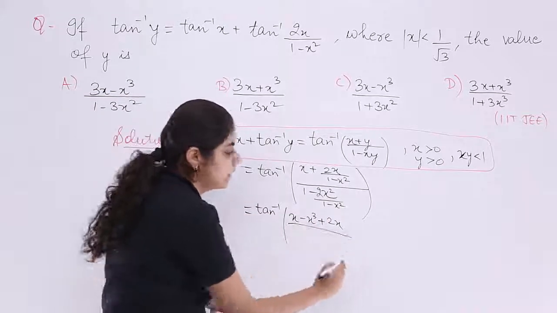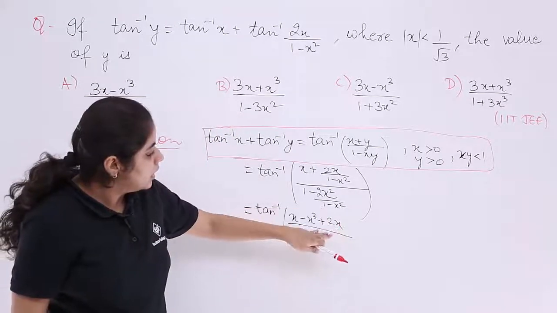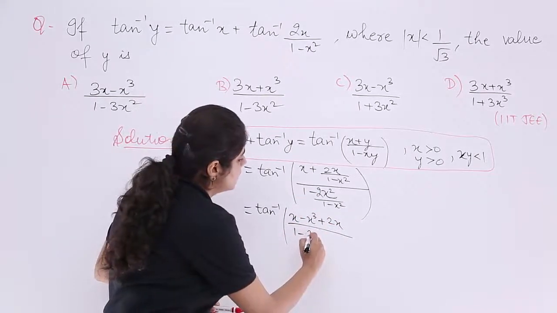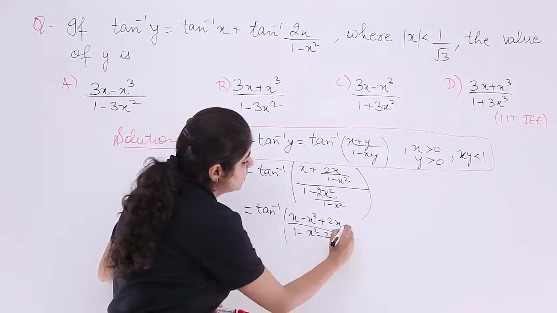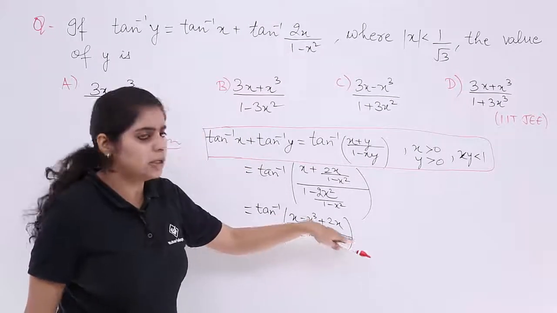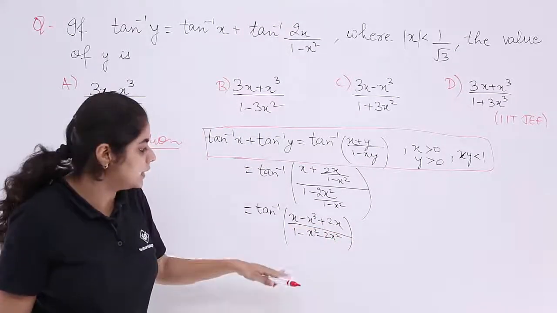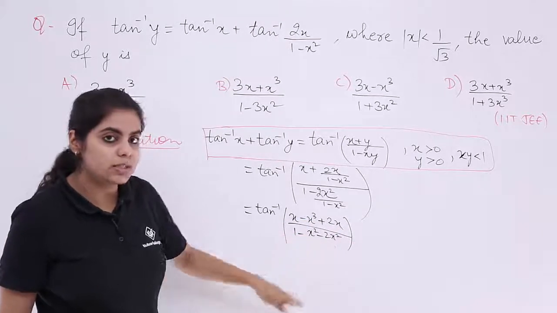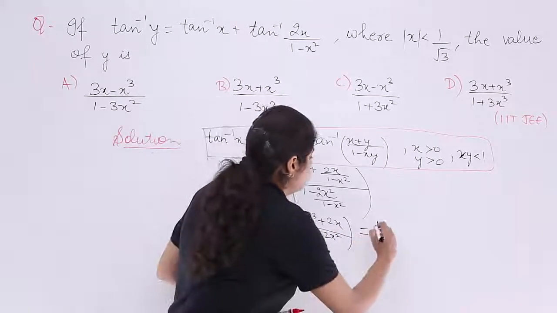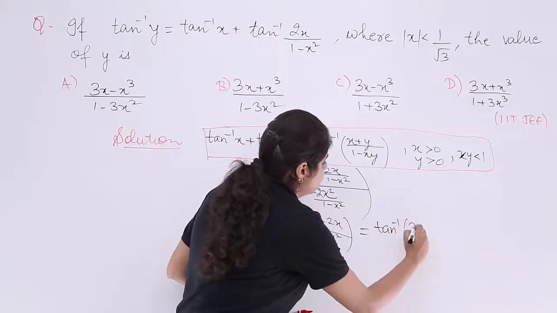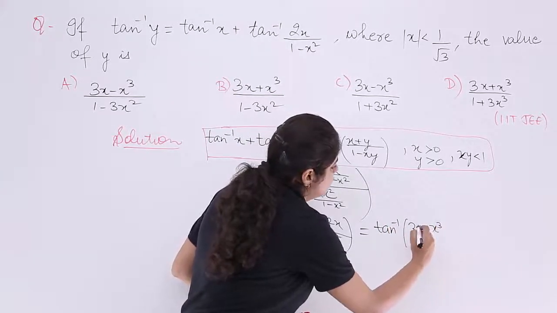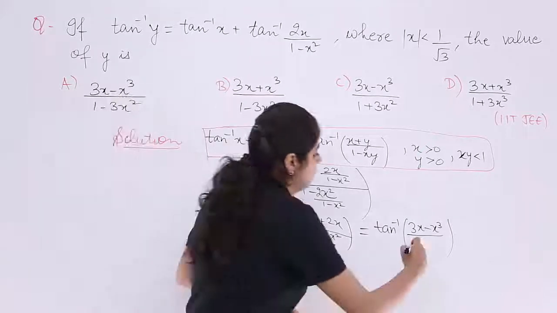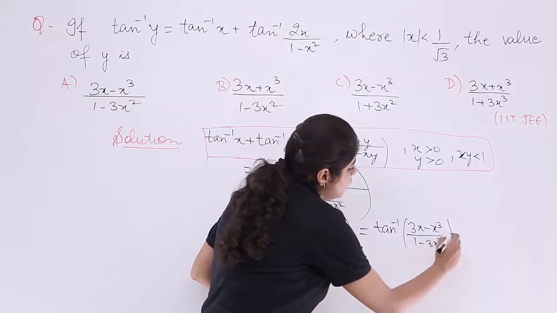I am not writing it again. Now, 1 minus x square minus 2x square. X plus 2x is 3x, x cube, and minus x square minus 2x square is minus 3x square. So that is tan inverse 3x minus x cube upon 1 minus 3x square.